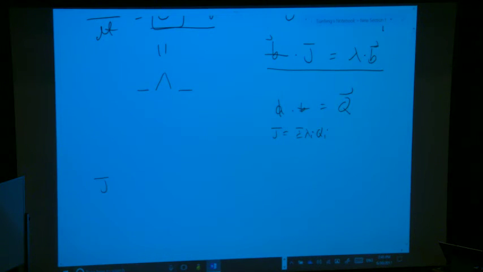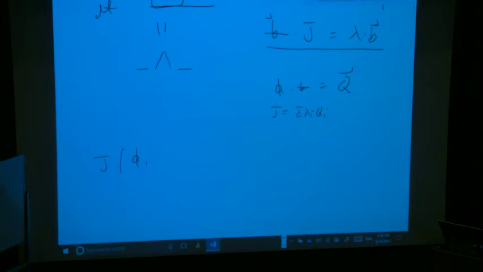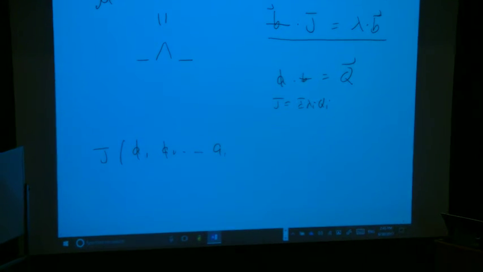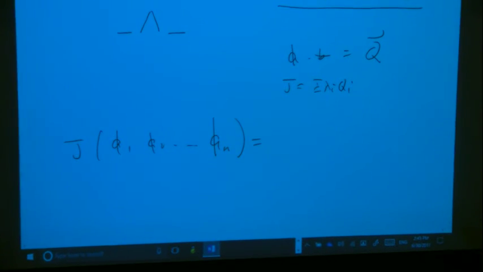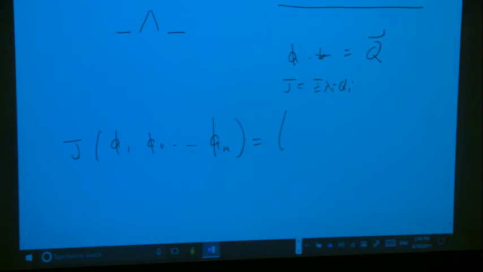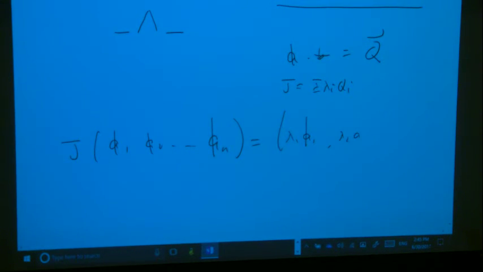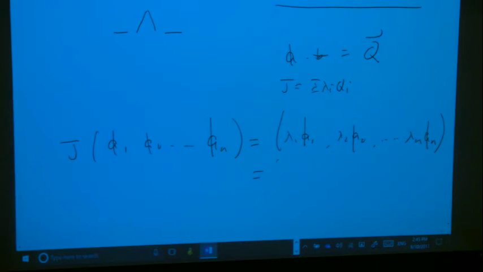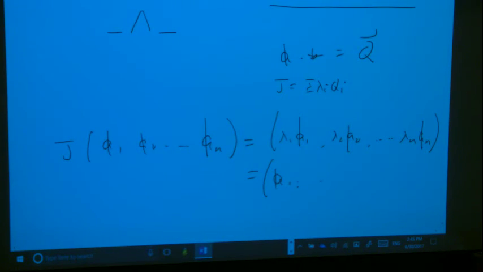If you put all these A1, A2, AN together, we will get something like this, right? G times A1 equals lambda 1 A1, G times A2 equals lambda 2 A2, etc., up to lambda n AN. And this is equal to basically A1 through AN times a diagonal matrix of lambda 1 through lambda n.